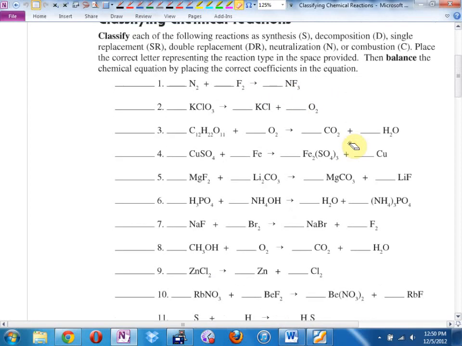So take a look at number 1. What kind of a reaction do you think that could possibly be from the 6 that we've learned? Synthesis, absolutely. You got something plus something combines. So let's put a great big S right there. What about question number 2?